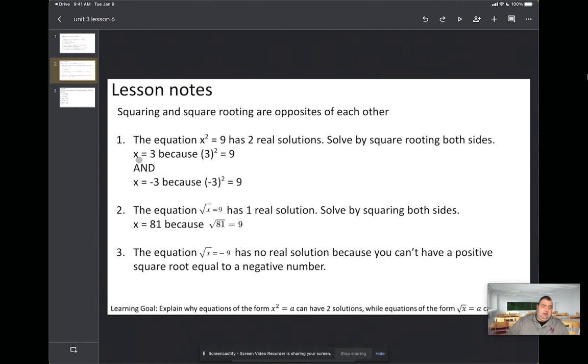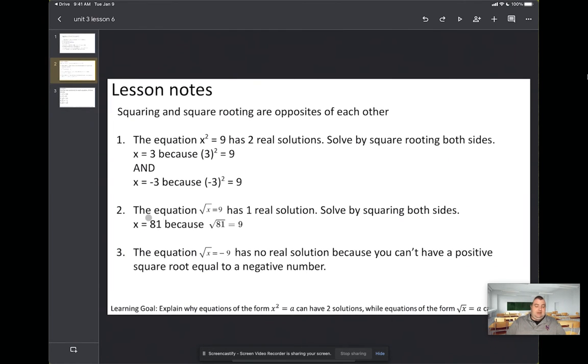So we get either x equals 3 or x equals negative 3, because 3 squared is 9 and negative 3 squared is also 9. So anytime you have x squared equals a positive number, that's going to have two real number solutions.